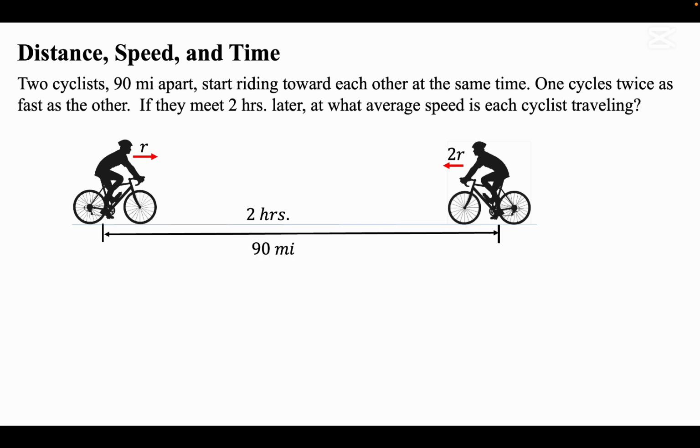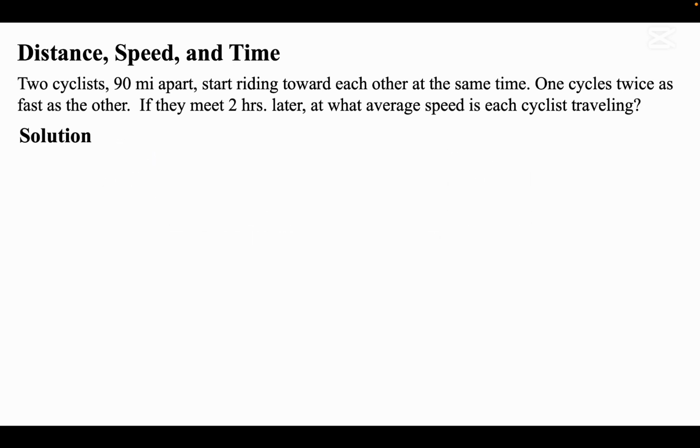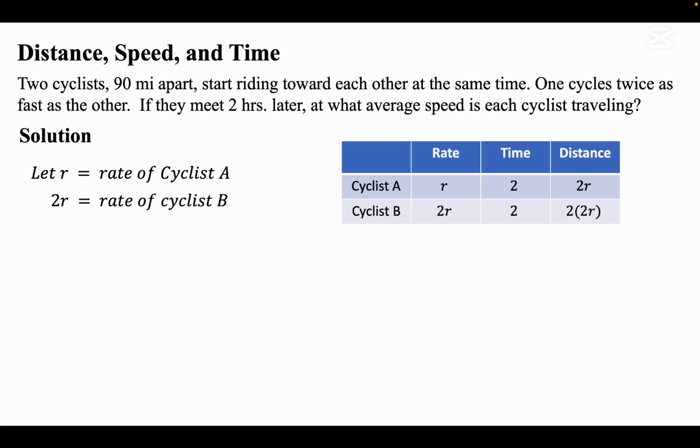So to solve this problem, we're going to use the distance formula, where the distance is equal to the rate times time. So to start the problem, we're going to let r be equal to the rate of cyclist A, and then 2r would be the rate of cyclist B. So making a table, we have the following.